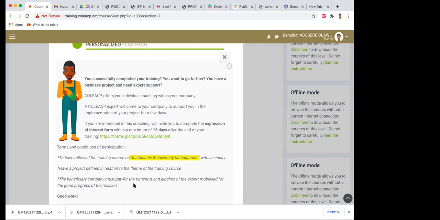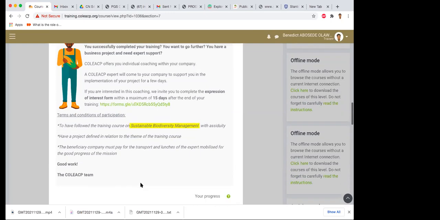Then the company must pay for the transport and lunch of the experts mobilized for the mission. So your company must be ready to pay for the transport and lunch for the experts that COLEACP will send to you. These are the duties expected of the company. COLEACP will take care of the rest.